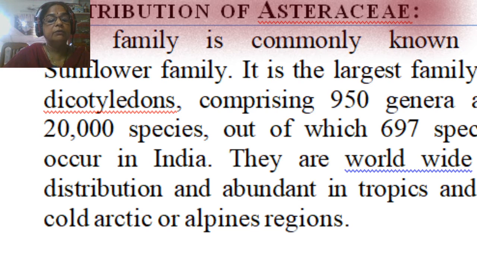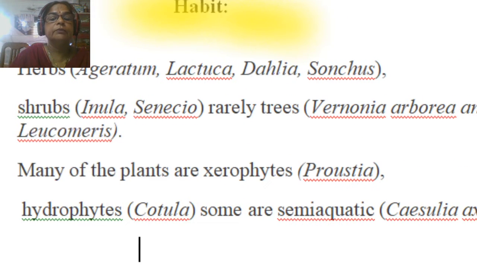They are worldwide distributed. They are found in cold regions, hot regions, and everywhere. In all environmental conditions the plants of this family will grow. This is the reason for the distribution of this family all over the world.